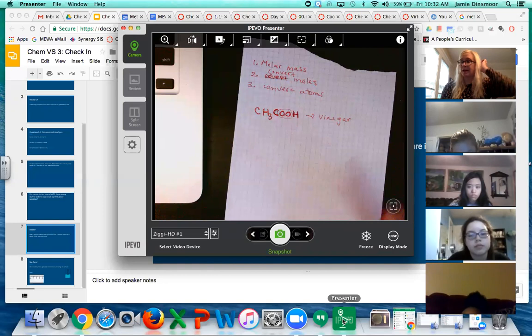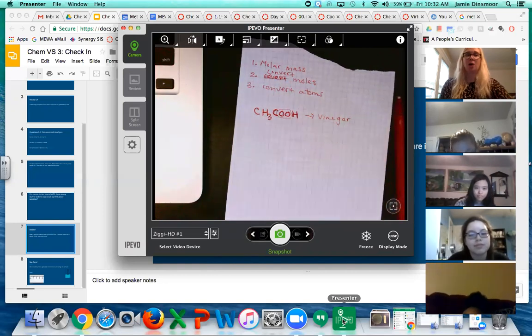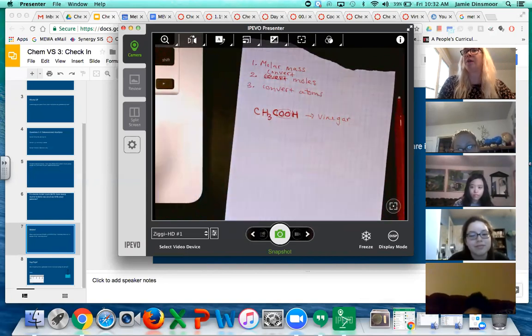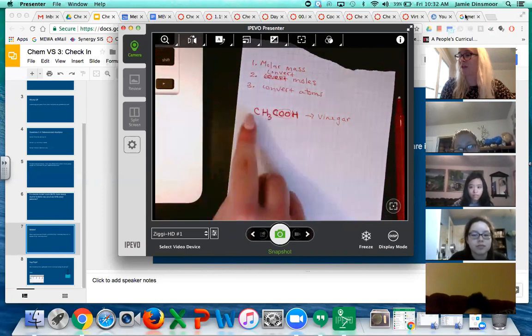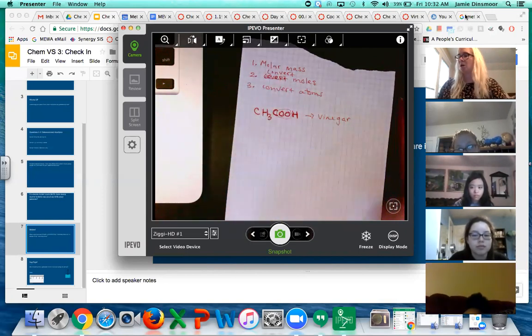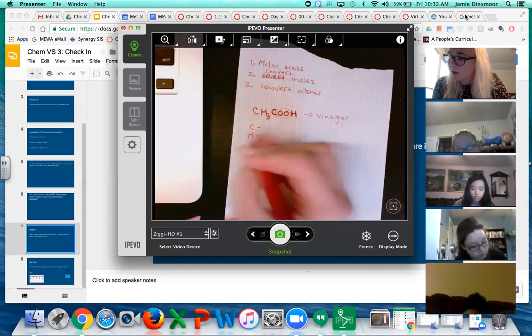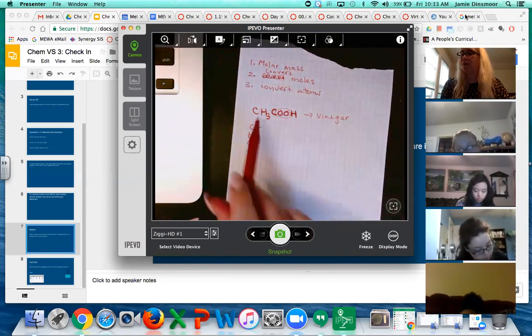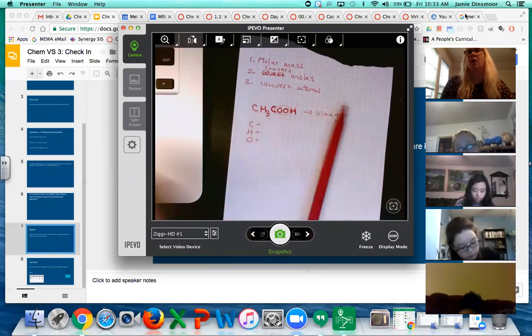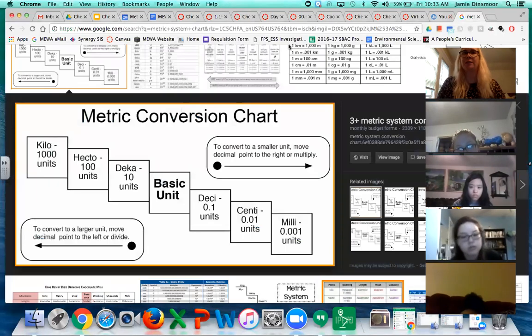Periodic table, exactly. Conveniently, because it could be much harder than this, the periodic table is going to show us the molar mass of each of these elements. So we need to know for carbon, hydrogen, and oxygen. And then we'll figure out how many of each of those we need. So we're just going to Google a periodic table.